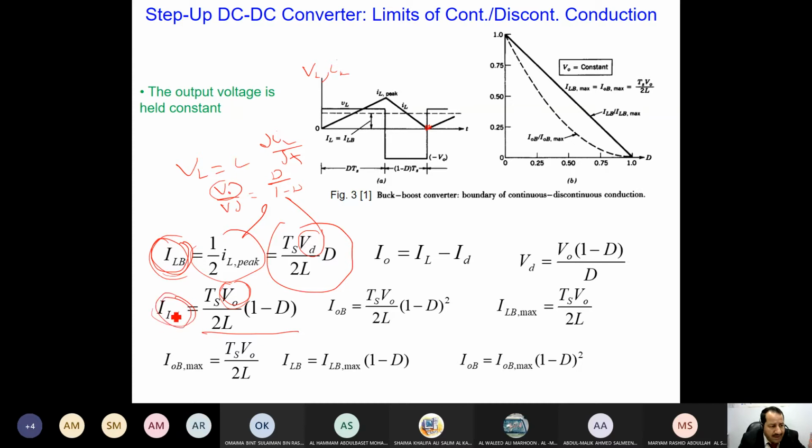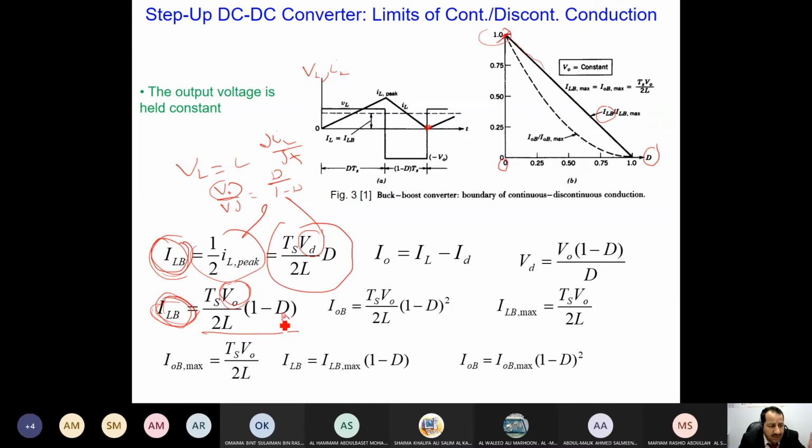Now if I sketch this equation, let me sketch it. Okay, this is D and this is the current IL. Normalized value, usually they divide it by its maximum. Anyway, when I sketch it here, it's a straight line. It peaks at D equals 0.